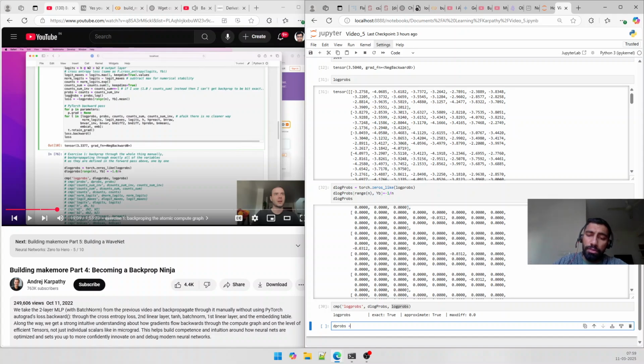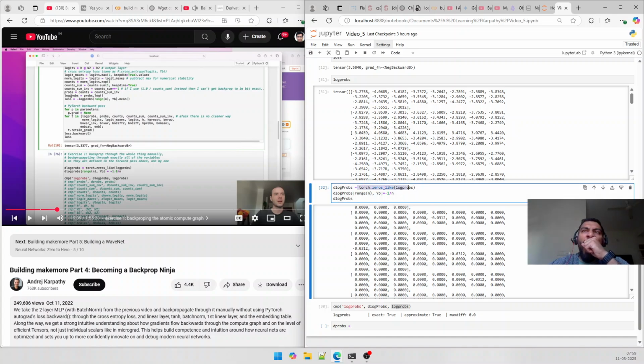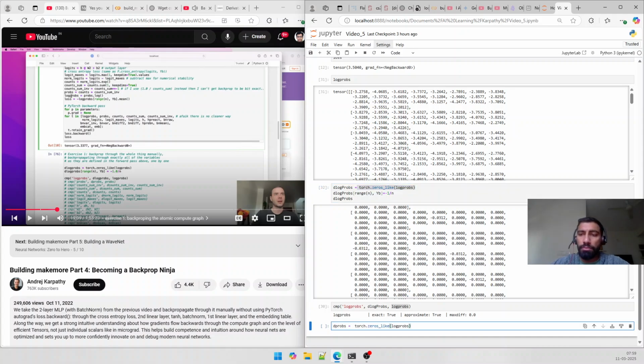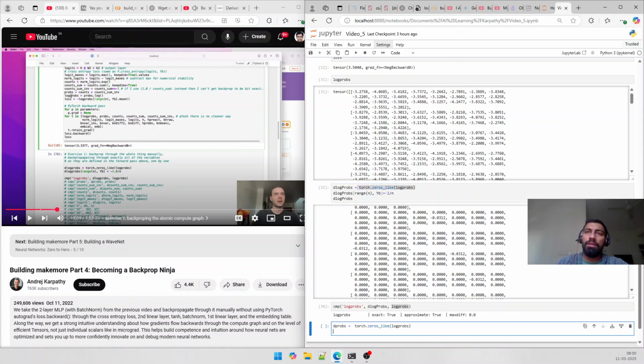Actually, the d probs will again have the same size as that of log probs. And each of the variables in there will be 1 by x. Whatever the value is, that will go down as 1 by x of this.